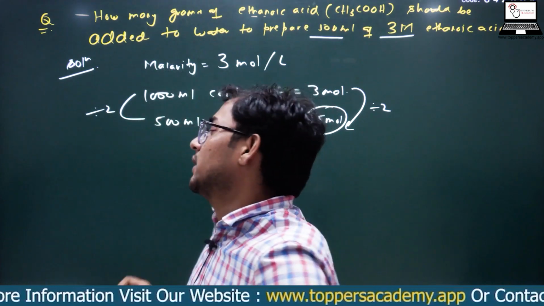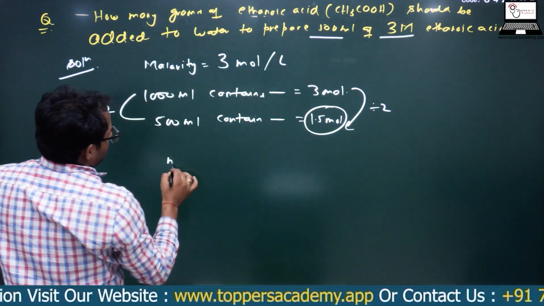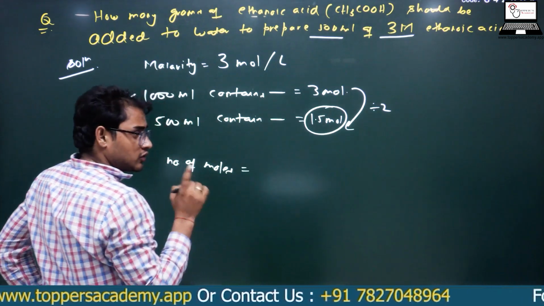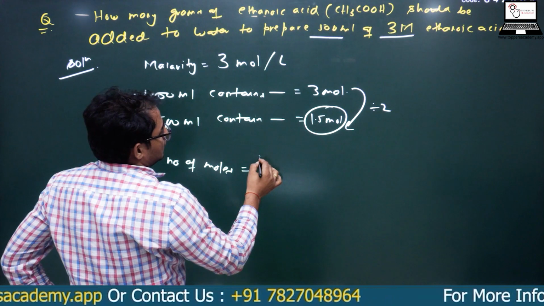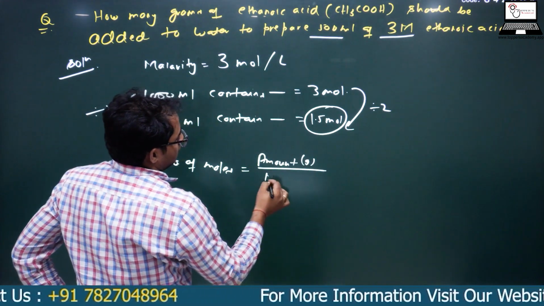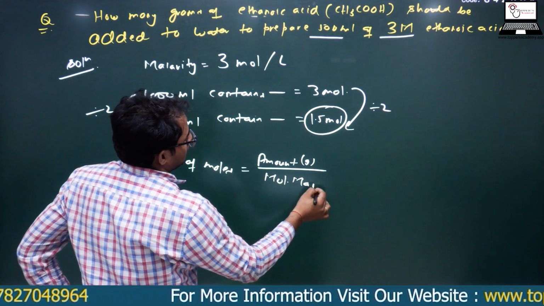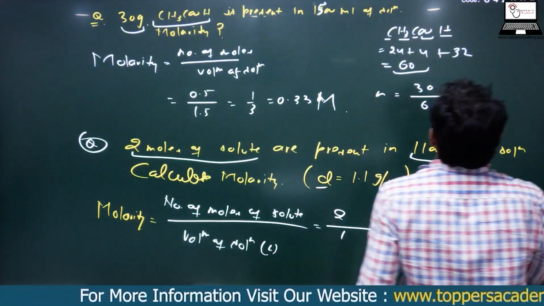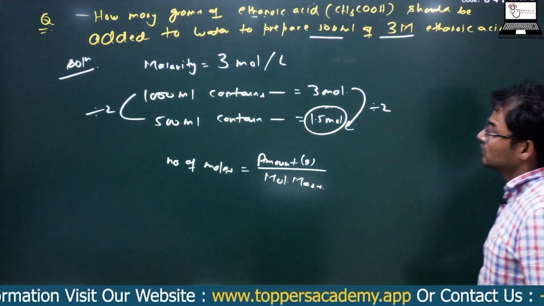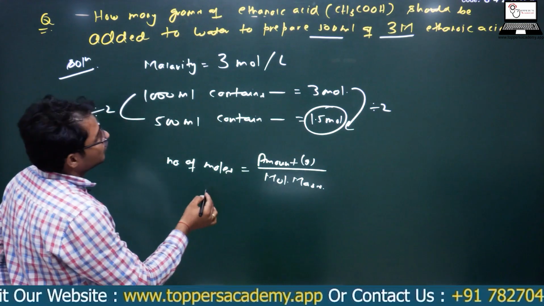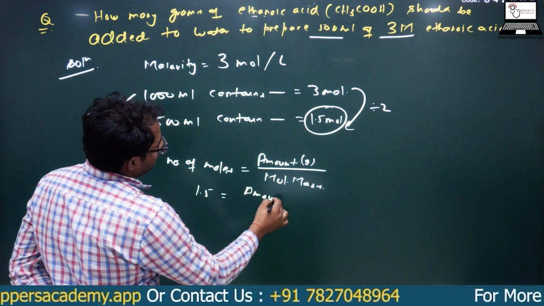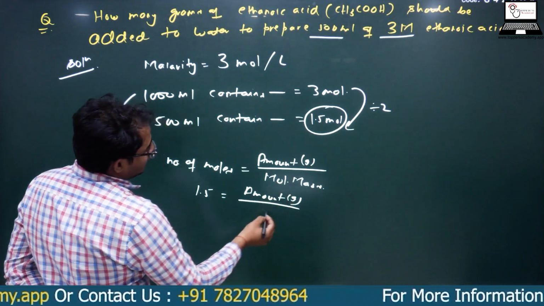So I have told you that number of moles of solute is equal to amount in gram upon molar mass. We have seen that the molar mass of acetic acid or ethanoic acid is 60 gram per mole. Now number of moles we have is 1.5, amount in gram you will have to calculate, and molar mass is 60.